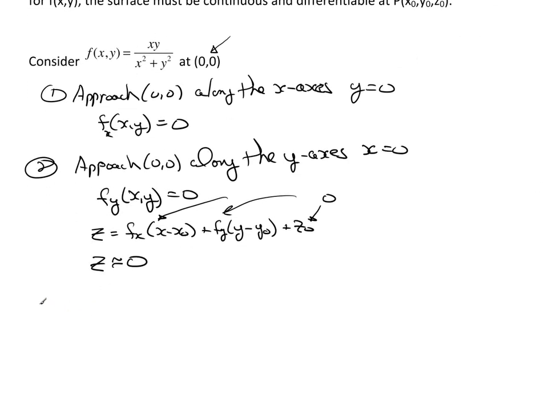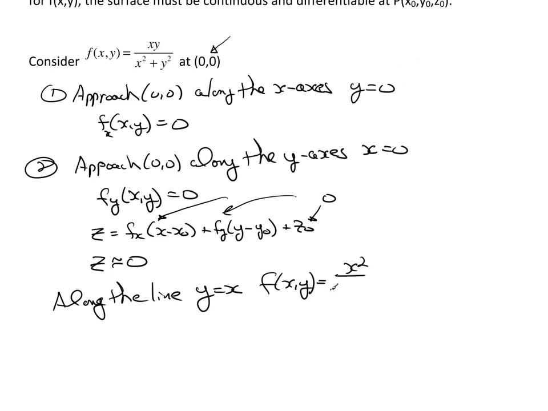However, looking at this function again, I'm going to approach this time along the line y equals x. Now when I do that, f(x, y) equals x squared over x squared plus x squared, which is x squared over 2x squared, which is obviously equal to a half.